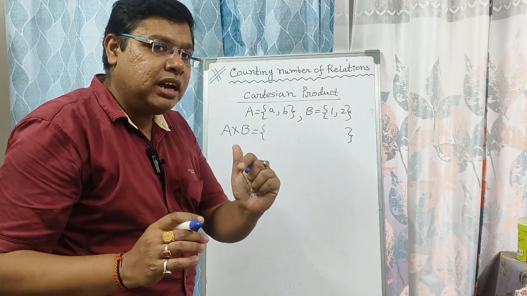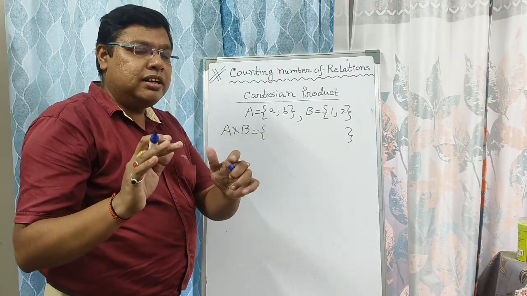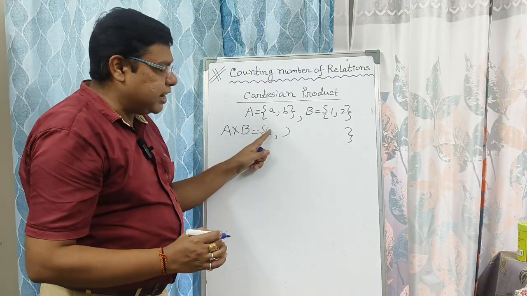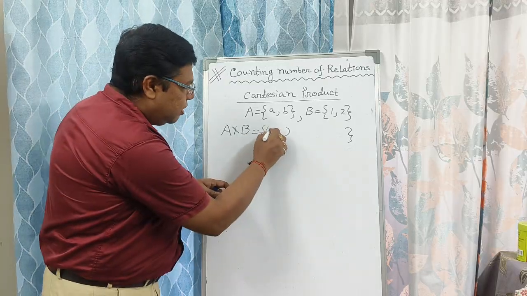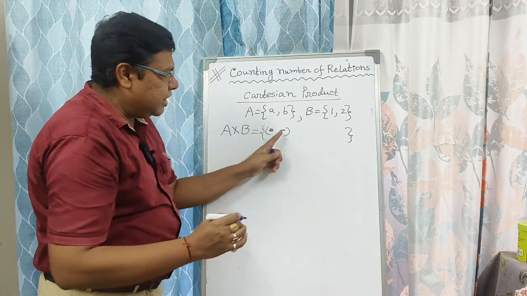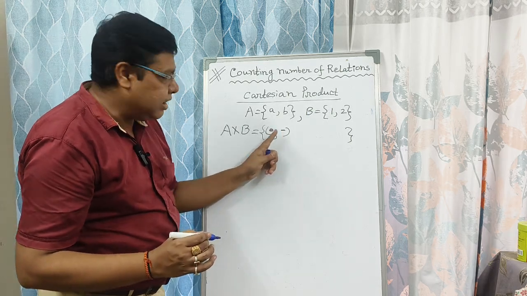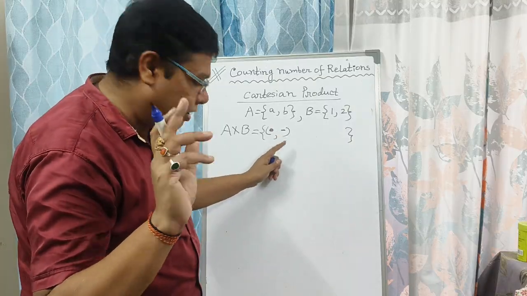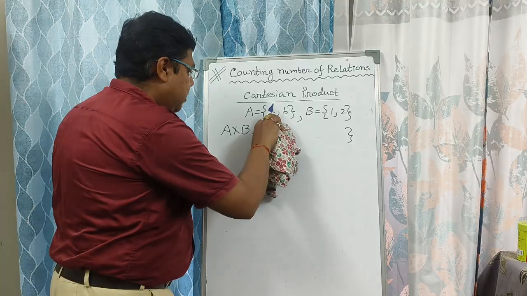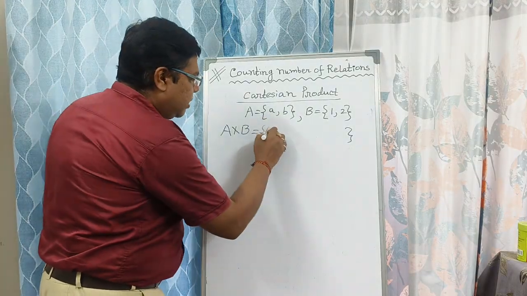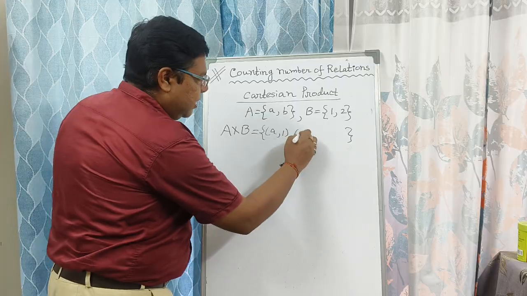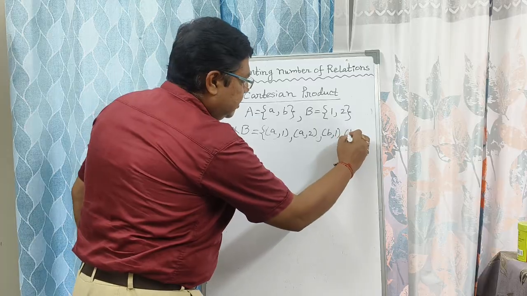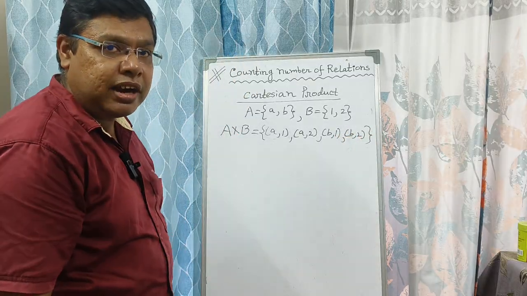The rule is that in each pair, the first element should be taken from set A and the second element should be taken from set B. So here the Cartesian product will be (a,1), (a,2), (b,1), and (b,2). This was the Cartesian product.